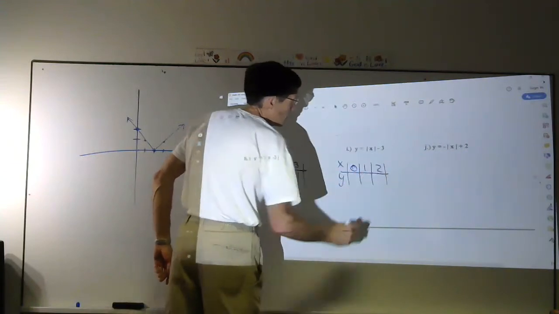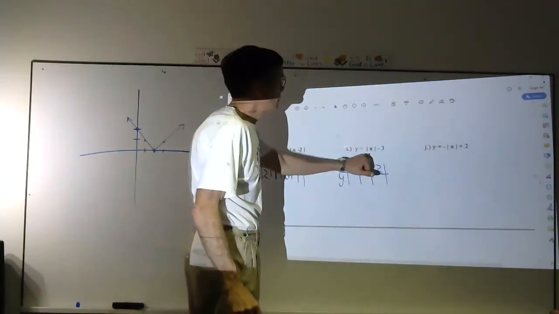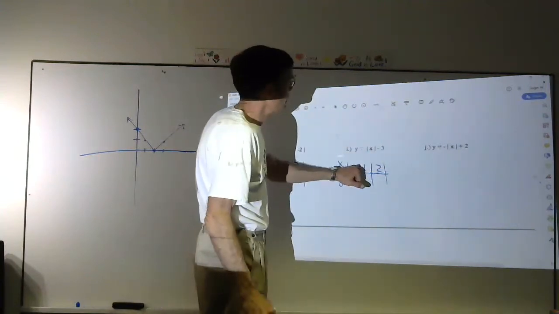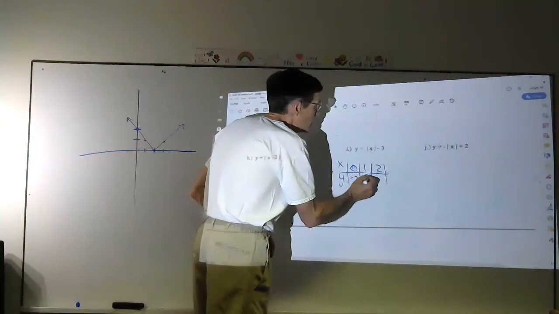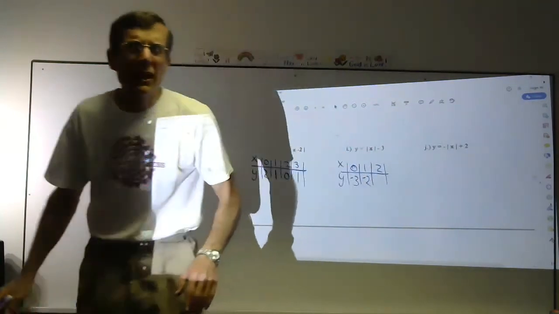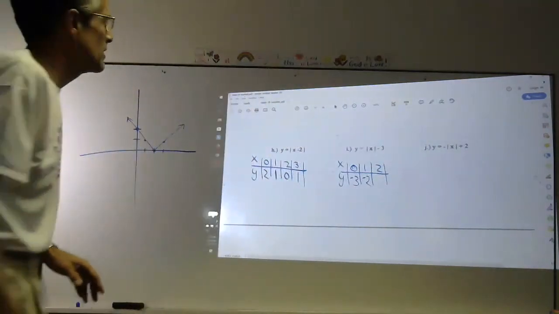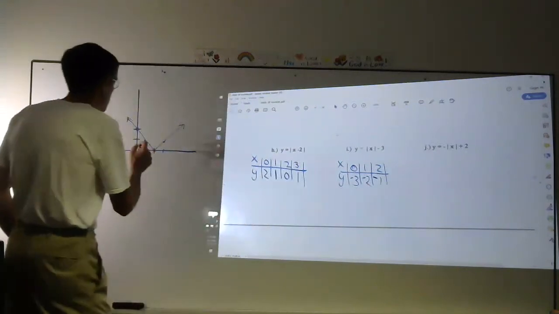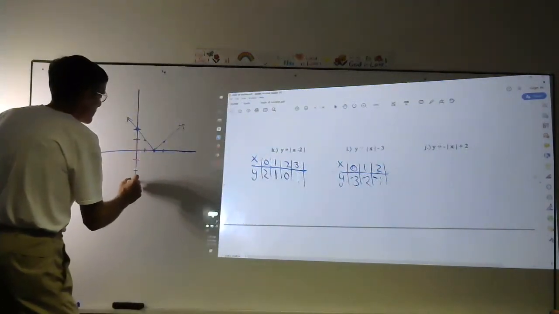Okay? Let's do this one. 0, 1, and 2. Absolute value 0 is 0 minus 3 is negative 3. Absolute value of 1 is 1 minus 3, negative 2. Absolute value of 2 is 2. You guys able to see those? Yeah, pretty close. 2 minus 3 is minus 1. So I have 0 and down 3.